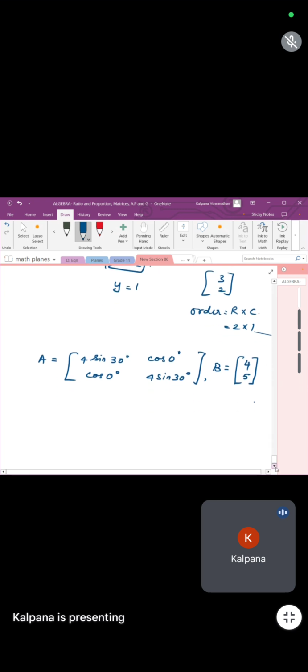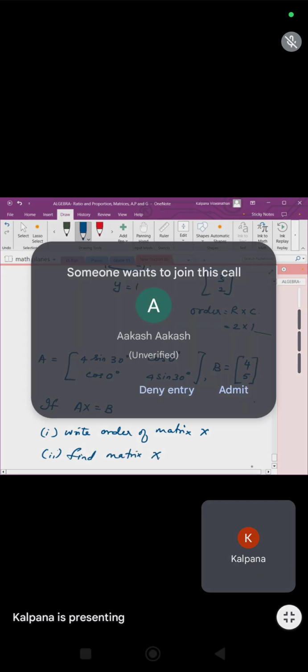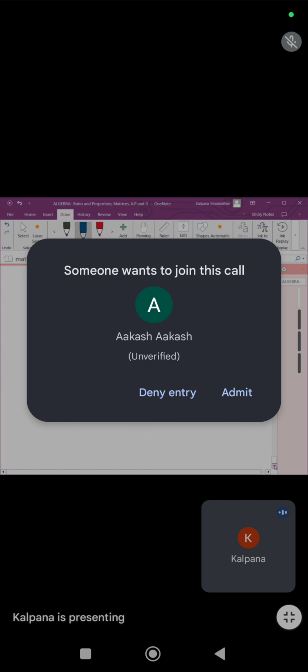Same way, if you have only one row, we call it a row matrix. And if AX equal to B, first question, write the order of matrix X. Second one, find matrix X.